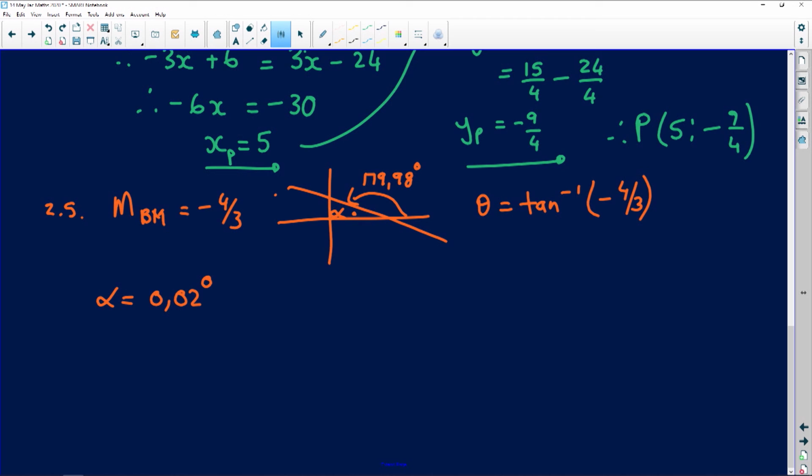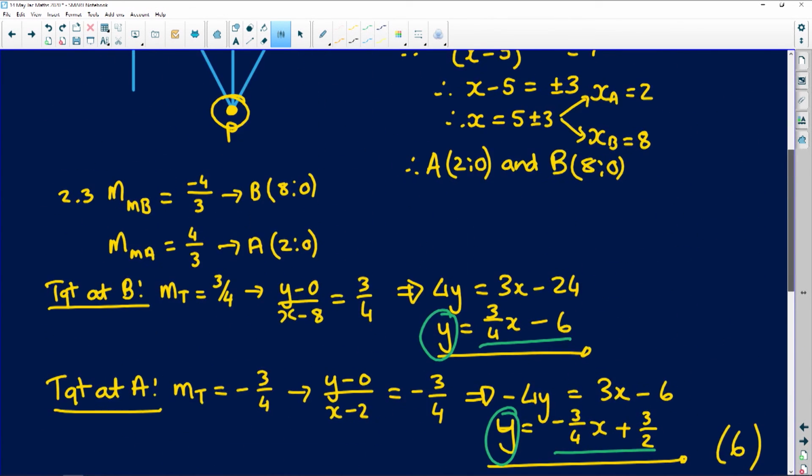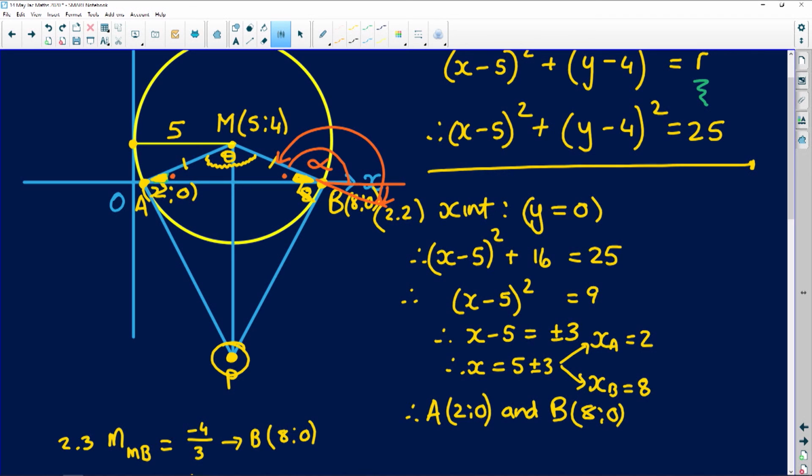This one on the inside. So if there's 2 of them, then I double this up and I get 0.04 degrees. Okay, and then what now? 180 degrees minus the 0.04 degrees gives me the angle that I'm looking for, which is this angle over here.